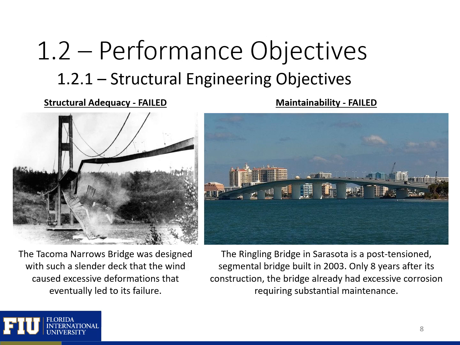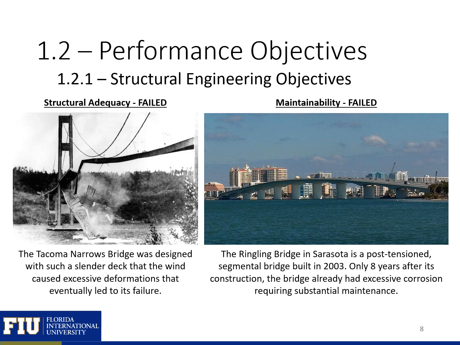The Tacoma Narrows Bridge near Tacoma, Washington is an example of failed structural adequacy. The Tacoma Narrows Bridge opened to traffic on July 1st of 1940, and it was the third largest suspension bridge at the time, behind only the Golden Gate Bridge and the George Washington Bridge.